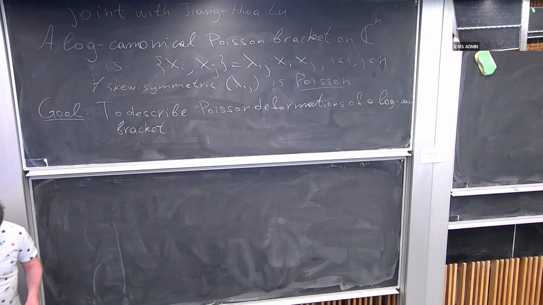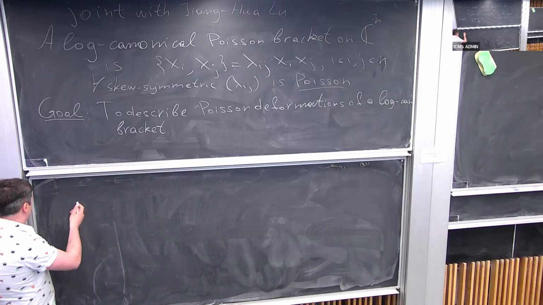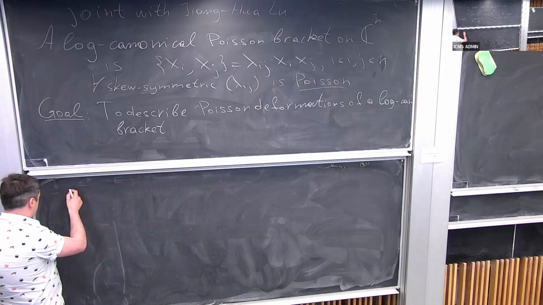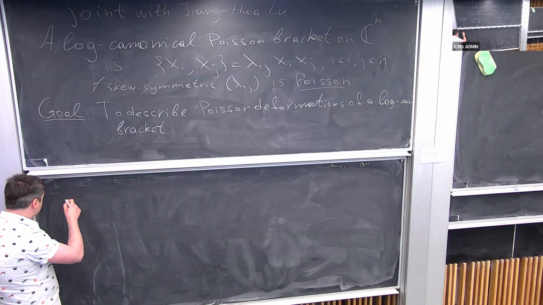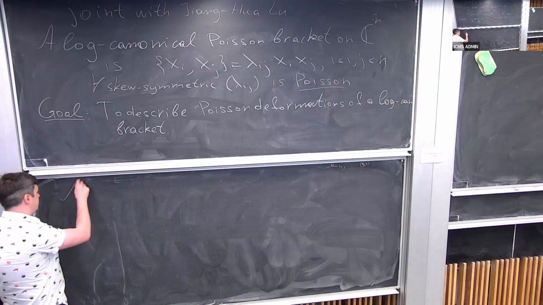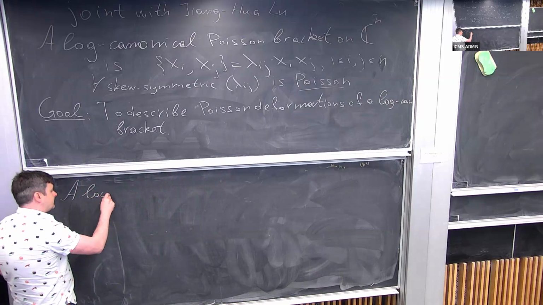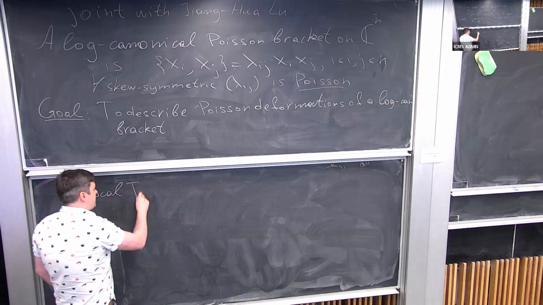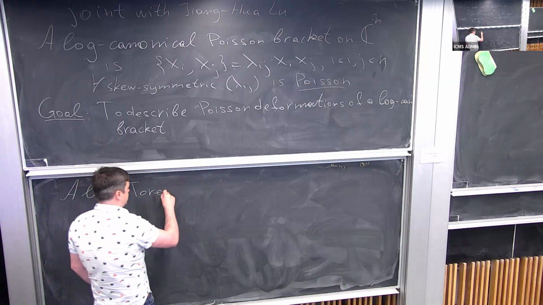I worked on this problem for a while, and a few years ago, the result with Brent Pym and Travis Schedler, which we call the local Torelli theorem for log symplectic manifolds.